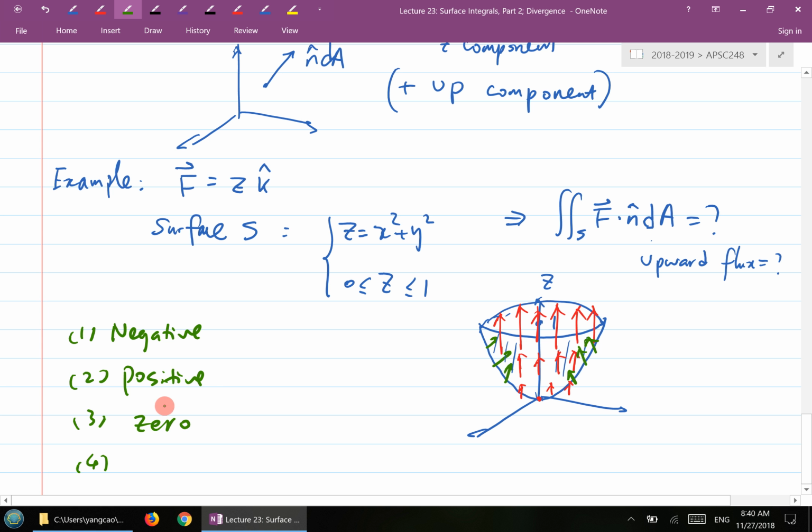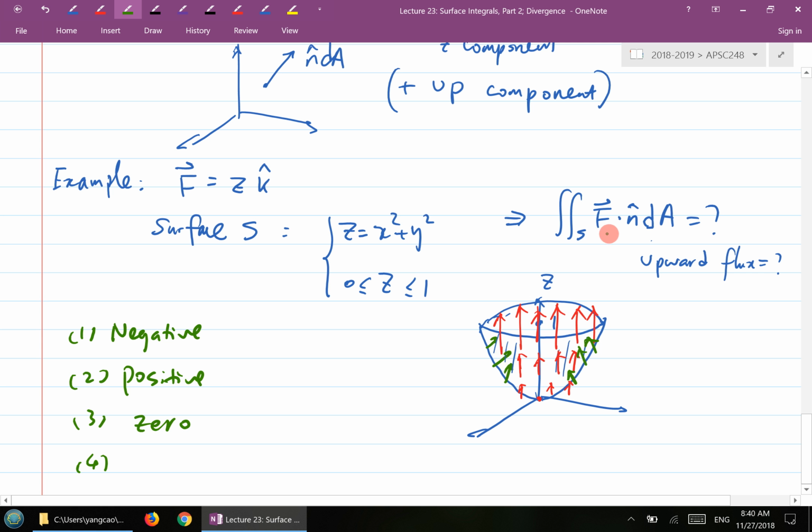Positive. Positive, right? Because all the vector fields are pointing upwards here. If you think about a flow of something, there's always something flowing through this paraboloid surface, right? And also because the n hat is also upward in this direction.